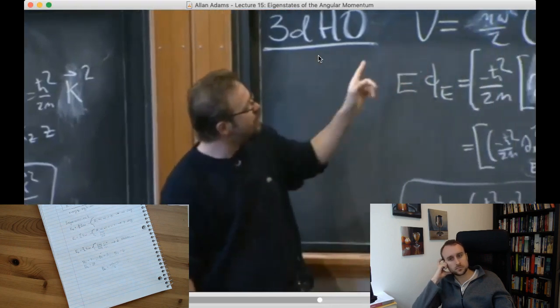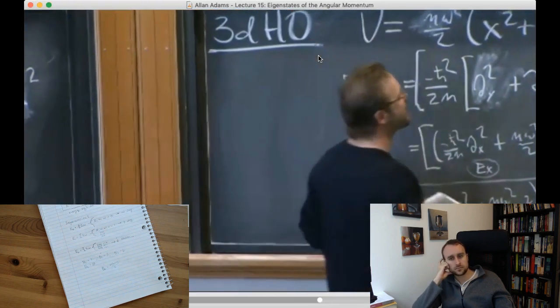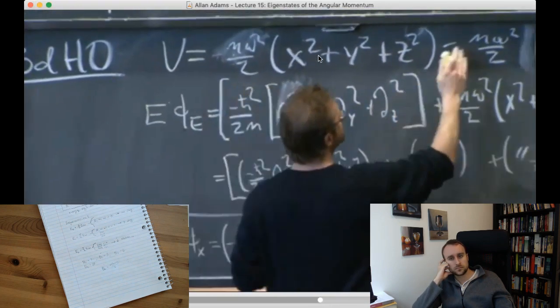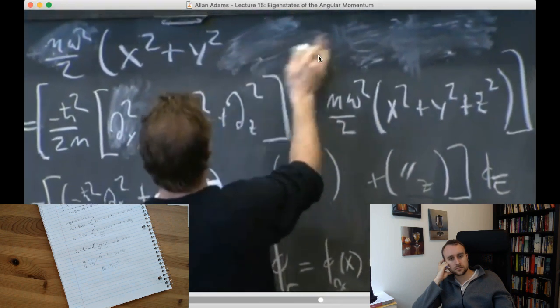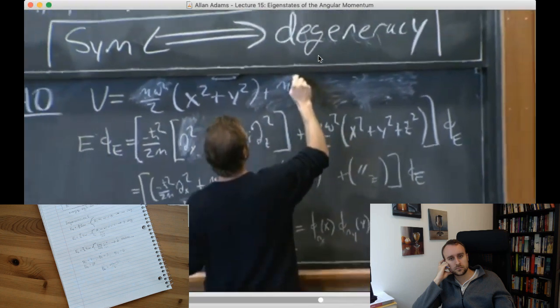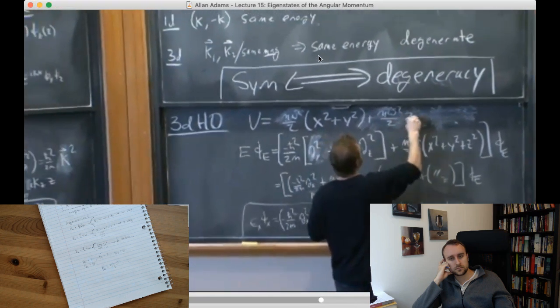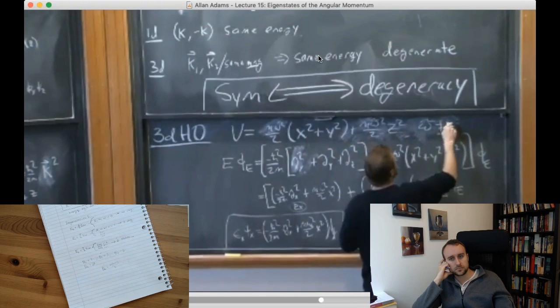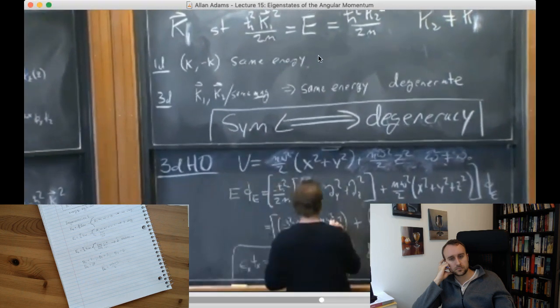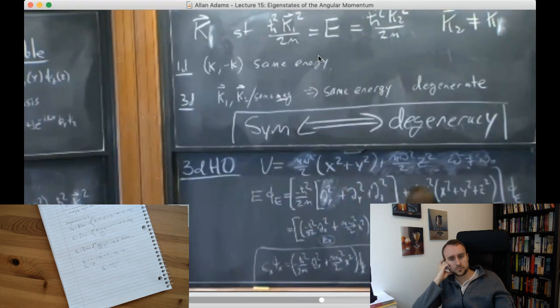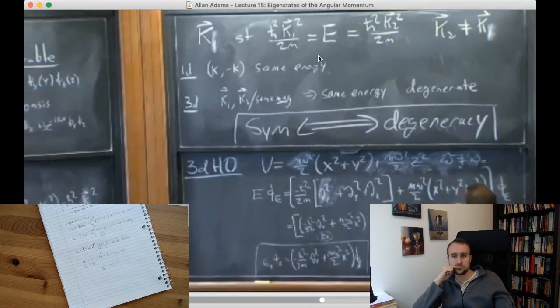Imagine that this potential was not exactly symmetric. Imagine we made it slightly different by adding a little bit of extra frequency in the z direction. Make the z frequency slightly different: plus m omega tilde squared over 2 z squared, where omega tilde is not equal to omega naught. The system is still separable, but the x part has omega naught, the y part has omega naught, and the z part has omega tilde.